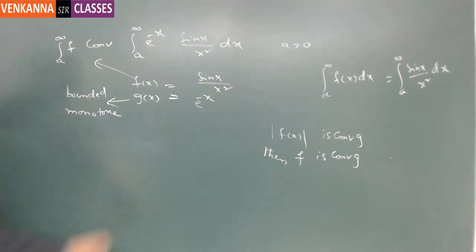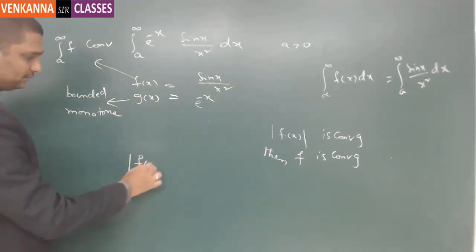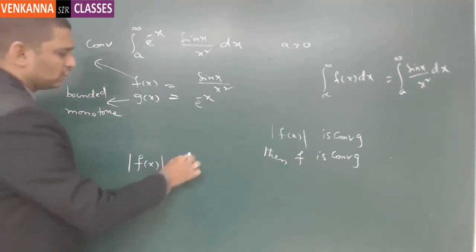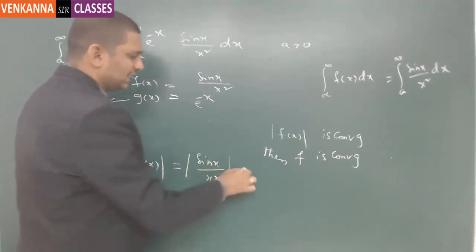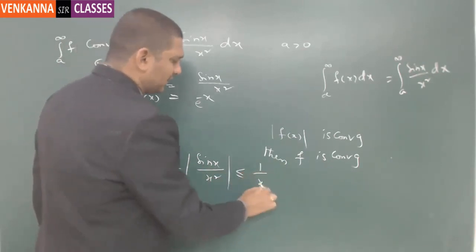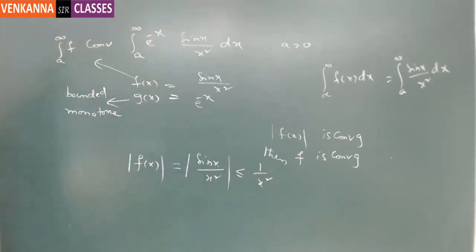So if you consider mod f of x, it is equal to modulus of sin x by x square. So we can say that it is less than or equal to 1 by x square. Accepted?